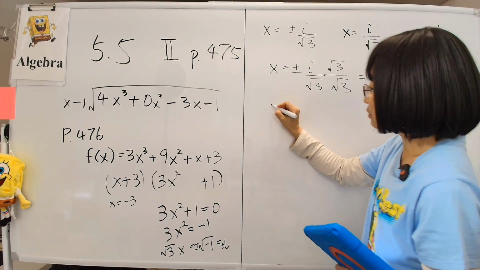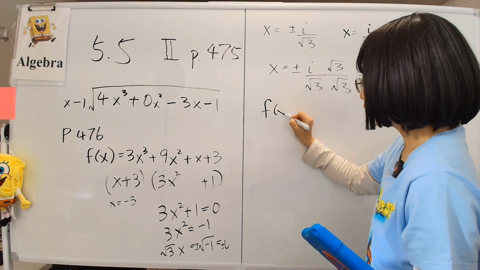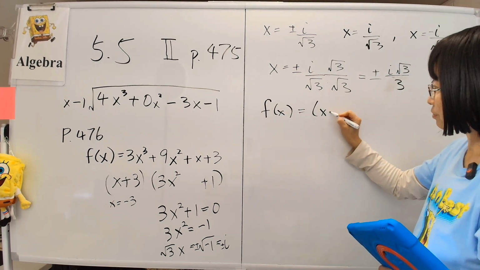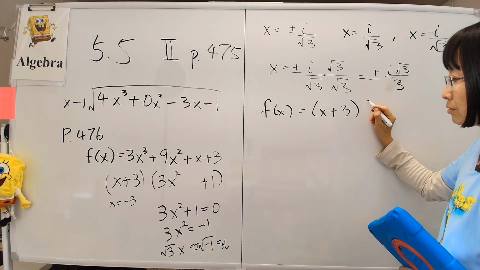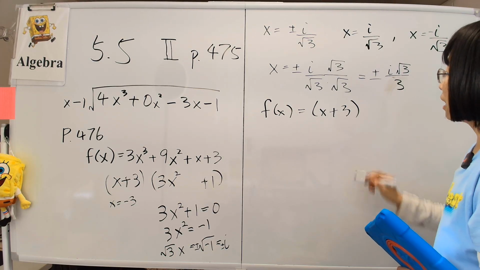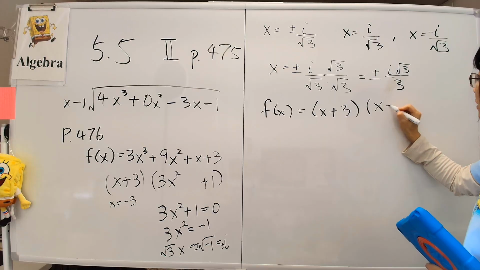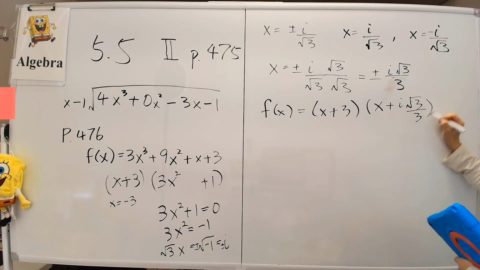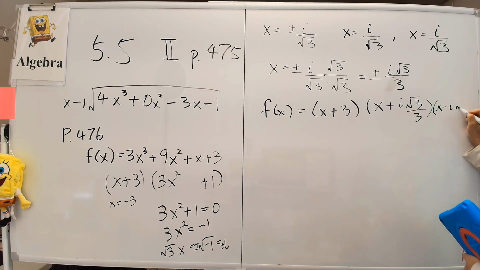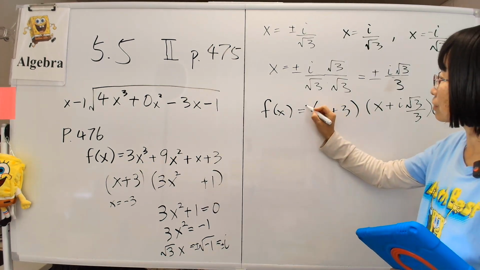Originally f of x factors into x plus 3, and then these two roots will be, let's see, there's a 3 here, x plus i times square root 3 over 3, and then x minus i times square root of 3 over 3. But there is still a 3 here, so the whole thing actually multiplies by 3.